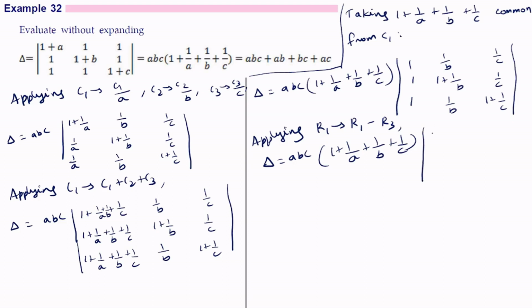So it becomes 0 0 minus 1, then 1 1 plus 1 by B 1 by C, then 1 1 by B 1 plus 1 by C.